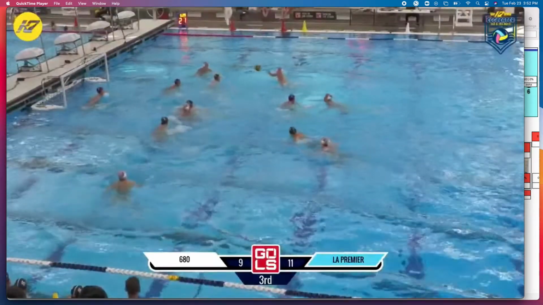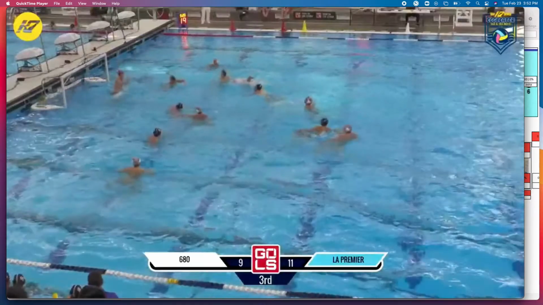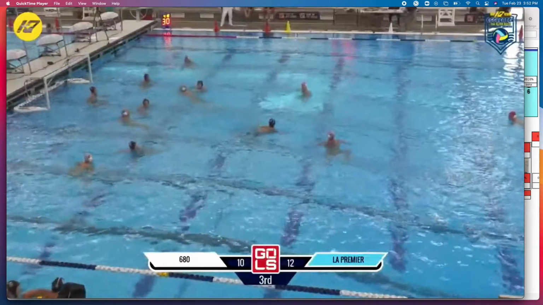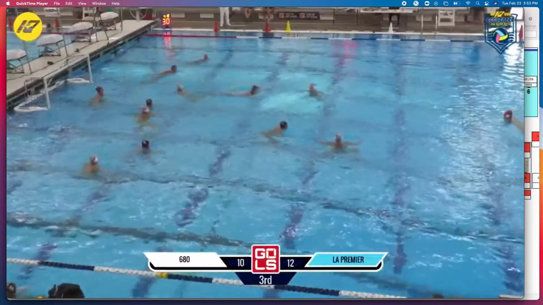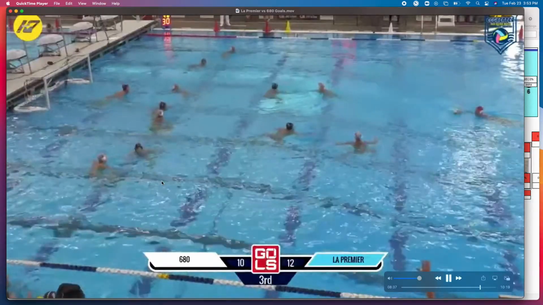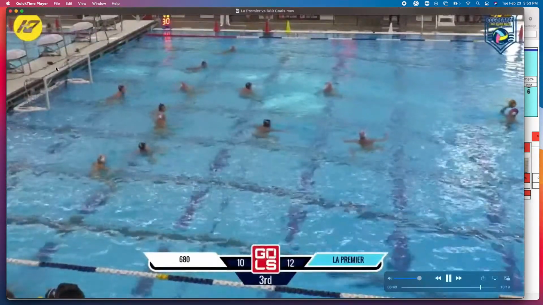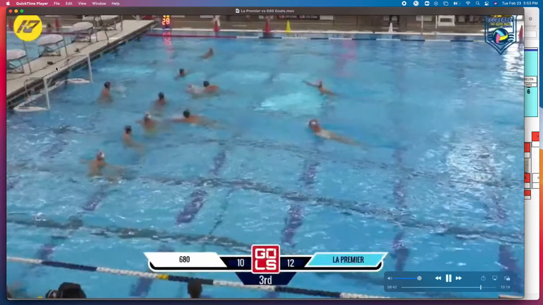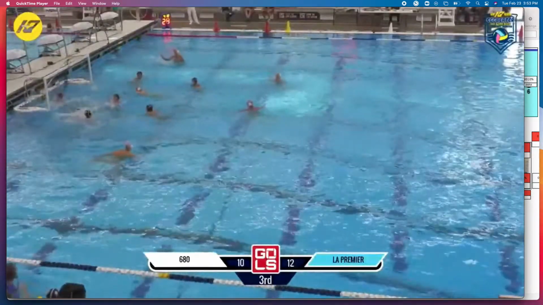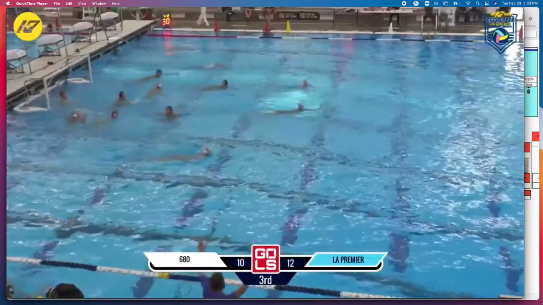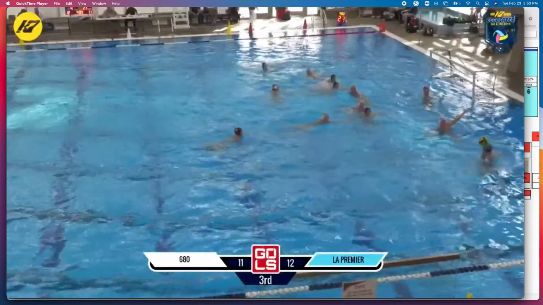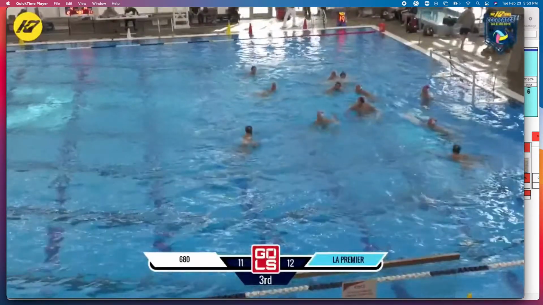Watson at the 1, sends that back around over to number 7, Brett Shea. Back on the way here. Comes in. That's a nice bat down there by number 8. Gillian moves that ball forward up to Dean Strausser. Strausser with the left hand.